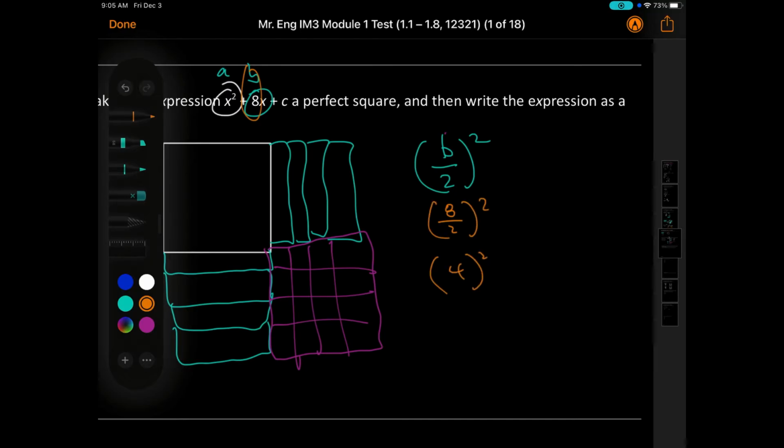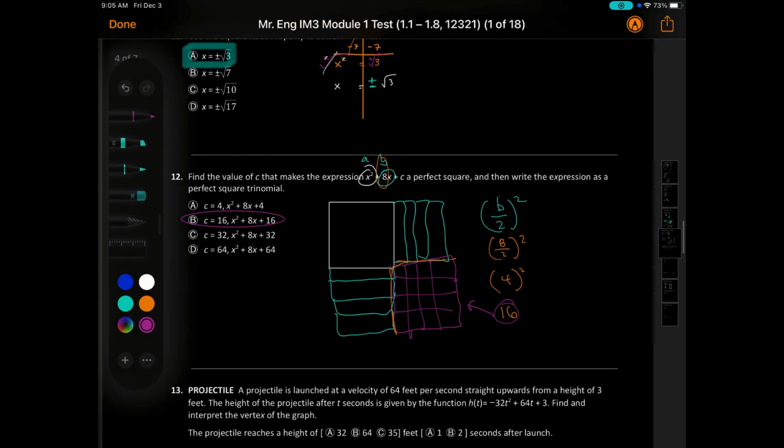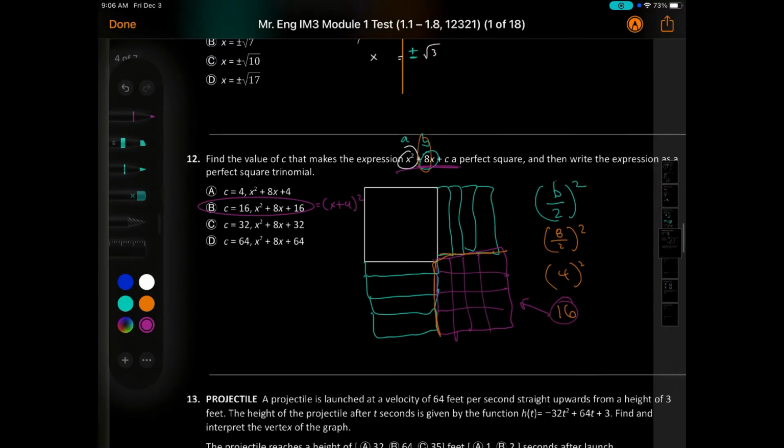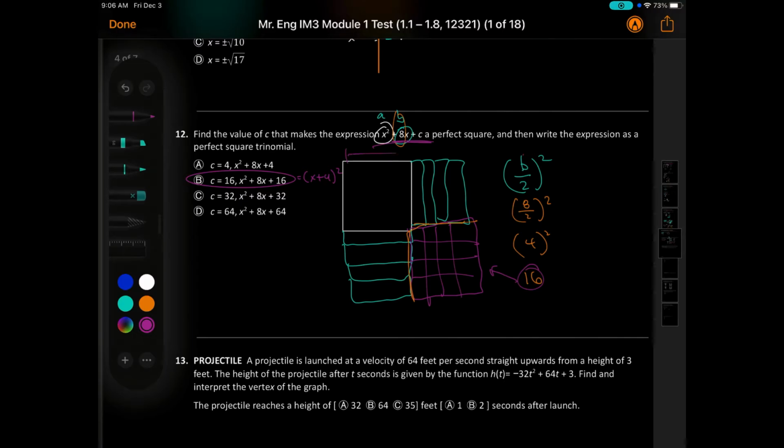And 4 squared, the sides of the square, 4, is 16, which we got there in pink. And then you can just factor that. Another way of also getting that is you'll get x plus 4 squared. It's so fun. You can see the x plus 4. X, this is 4, this is the side of x, and this is 4.